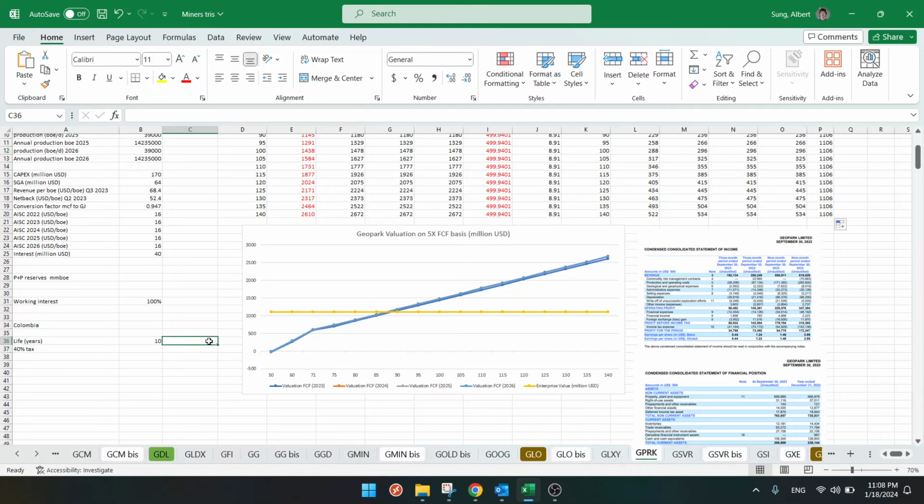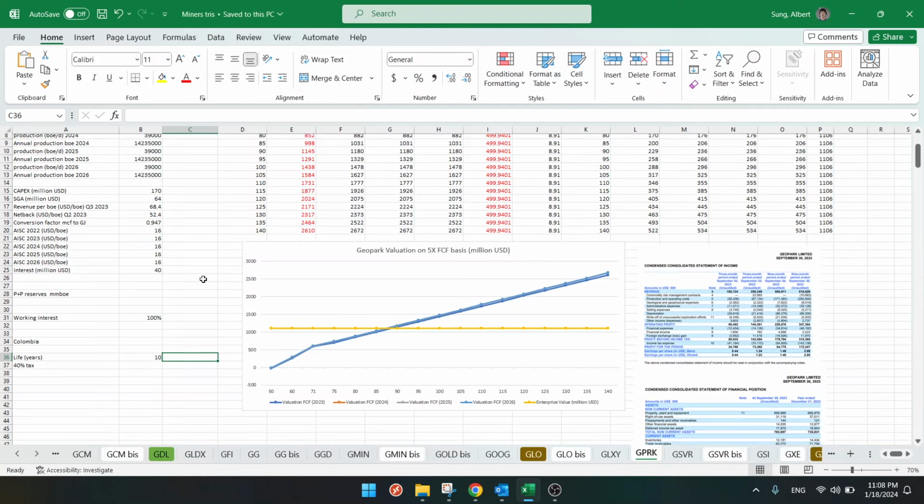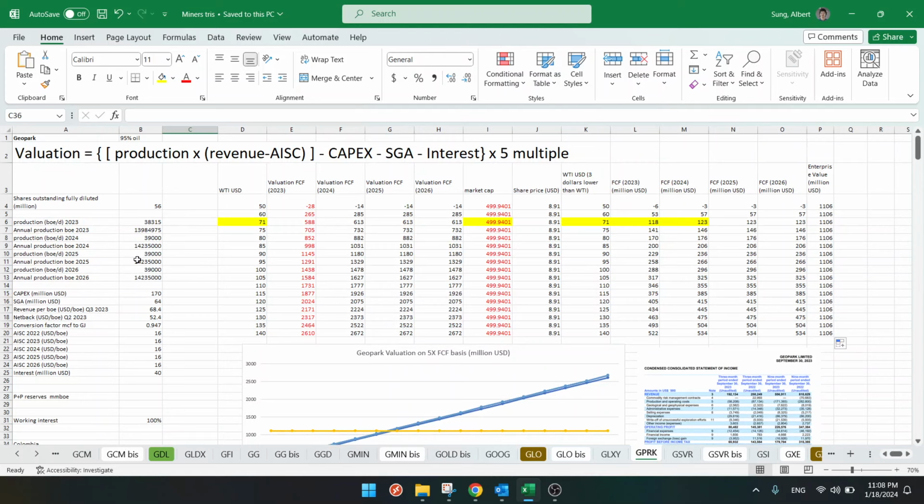Here. A lot of companies. Did we fill everything in? I think so.